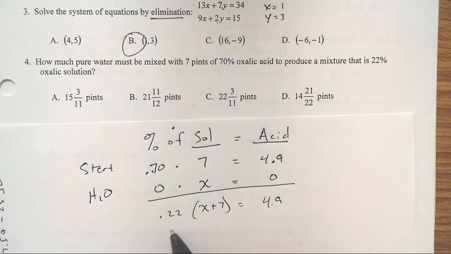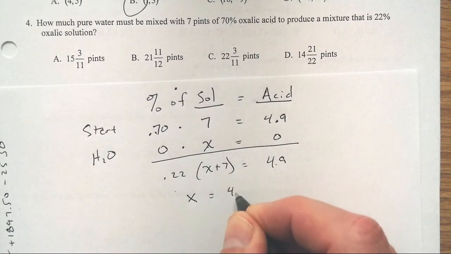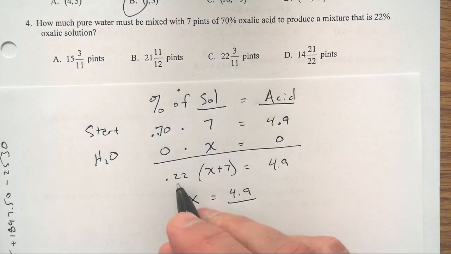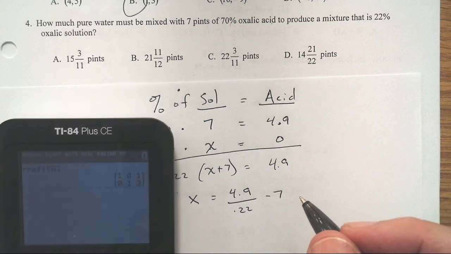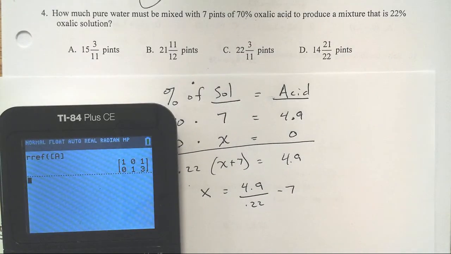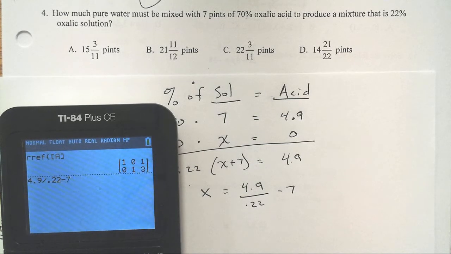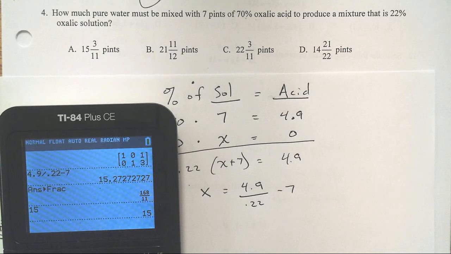So solving that for X, it was 4.9. I need to divide away 0.22 first before I subtract 7. 4.9 divided by 0.22 minus 7 is, I'm going to go math fraction, and if I subtract 15 from that, oops, I didn't mean to subtract 15 like that.